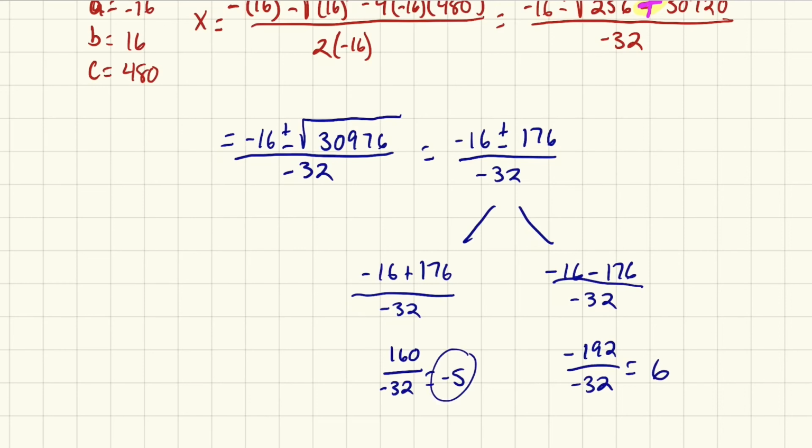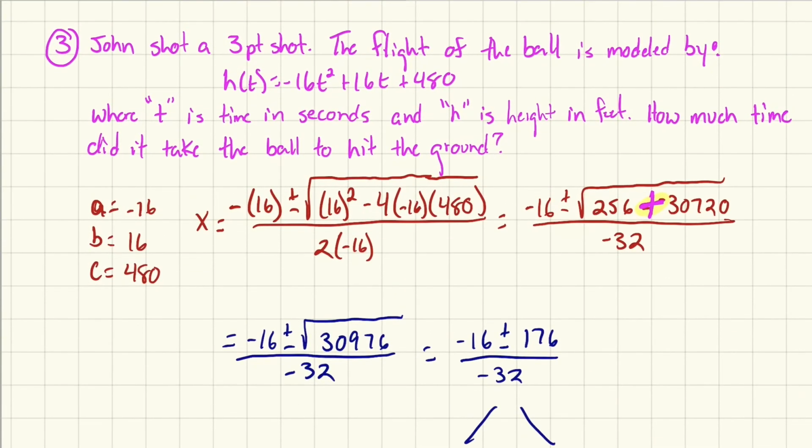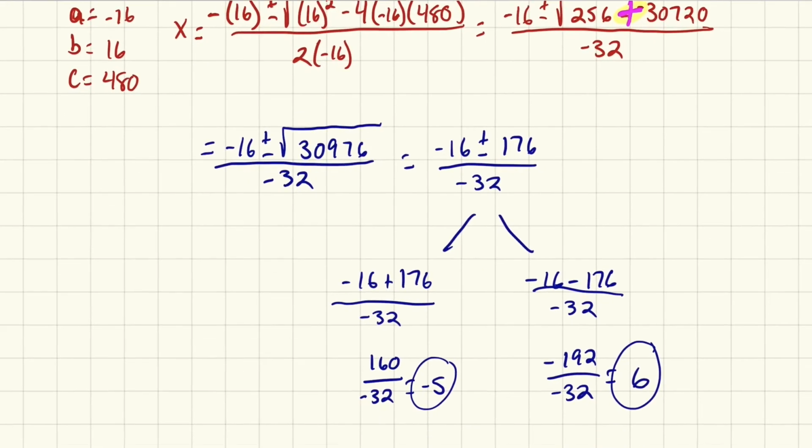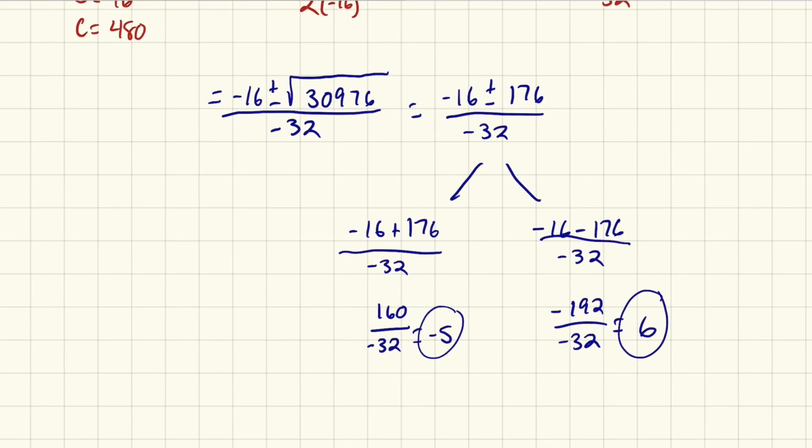Now, it asked us back in the original problem, how much time did it take for the ball to hit the ground? Well, you got to think. Let's just be logical here. If I'm shooting a basketball, there is no way to go back in time, right? We're not Marty McFly. We don't have a DeLorean. We can't go back in time at all.